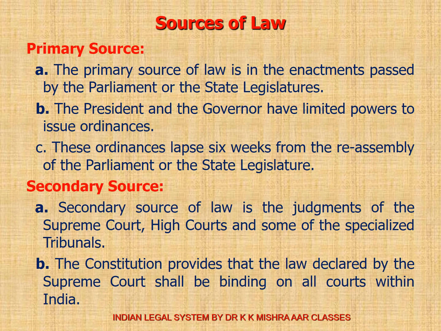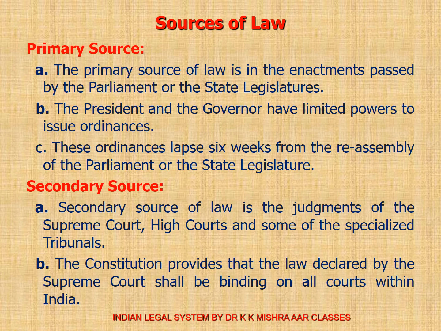Now we will talk about the sources of law. 1. Primary source. Here, the primary source of law is in the enactments passed by the president or the state legislatures. B. The president and the governor have limited powers to issue ordinances.